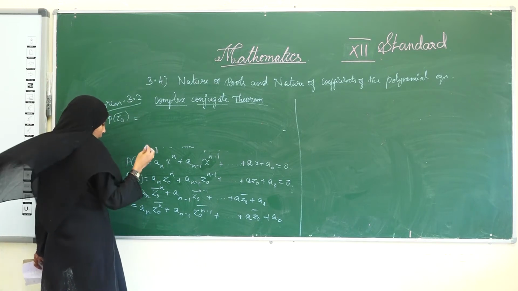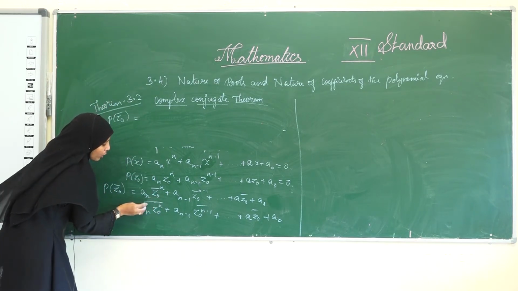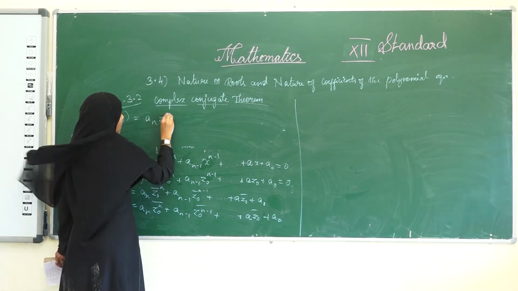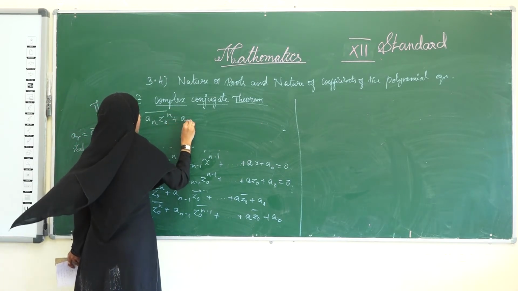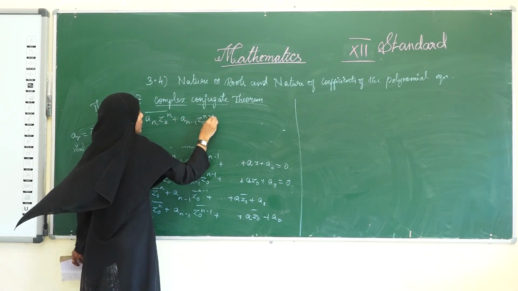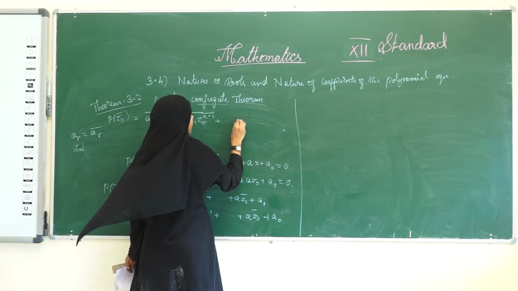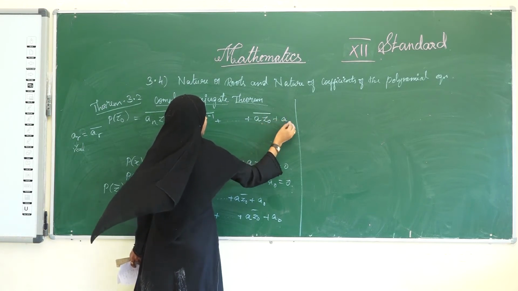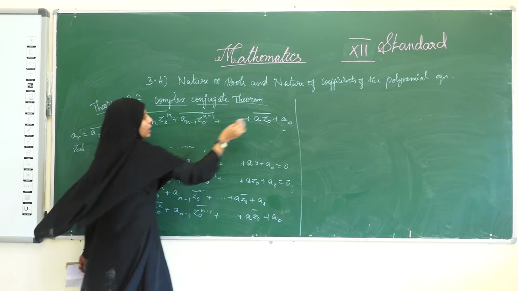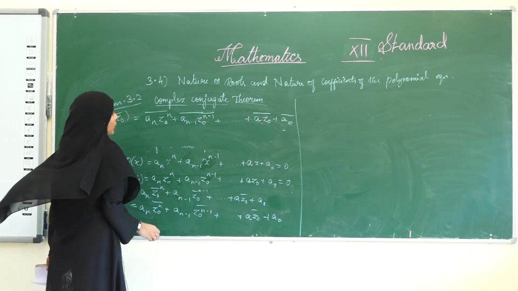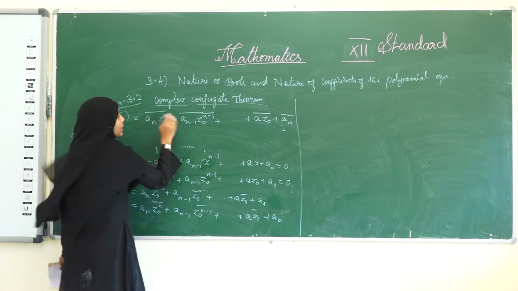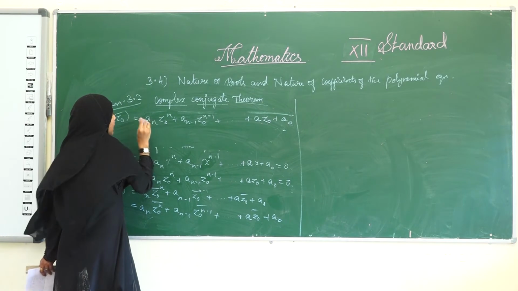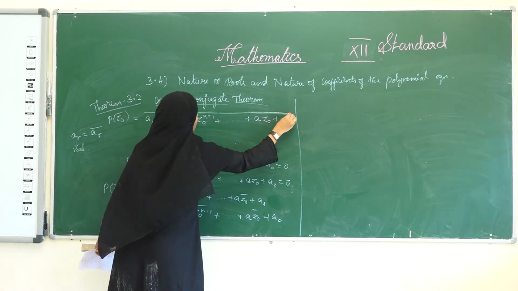Therefore, we are going to take the bar for the whole term including the coefficients, that is a n z naught power n the whole bar plus a n minus 1 z naught power n minus 1 the whole bar plus up to etc. plus a1 z naught bar plus a naught. See, a naught can be written as a naught bar. Now what we are going to do is combine this bar. This bar can be combined when the operation is plus. So we combine it, and it becomes the whole bar.